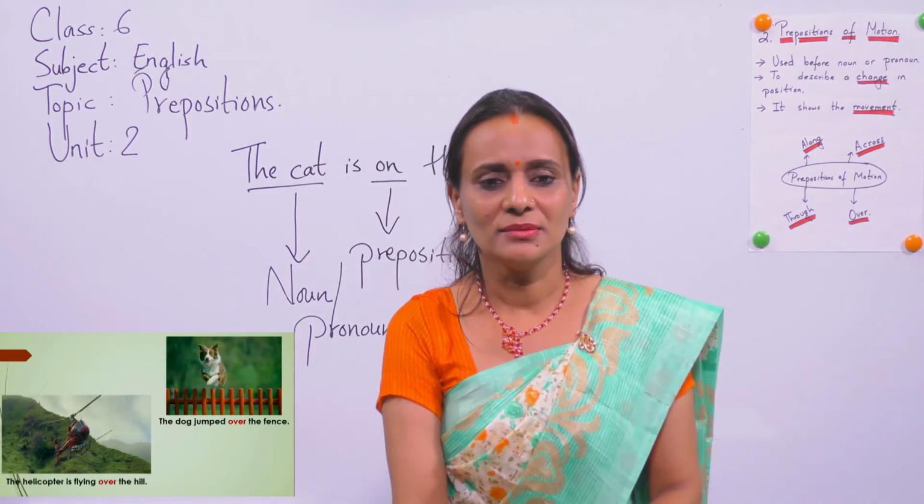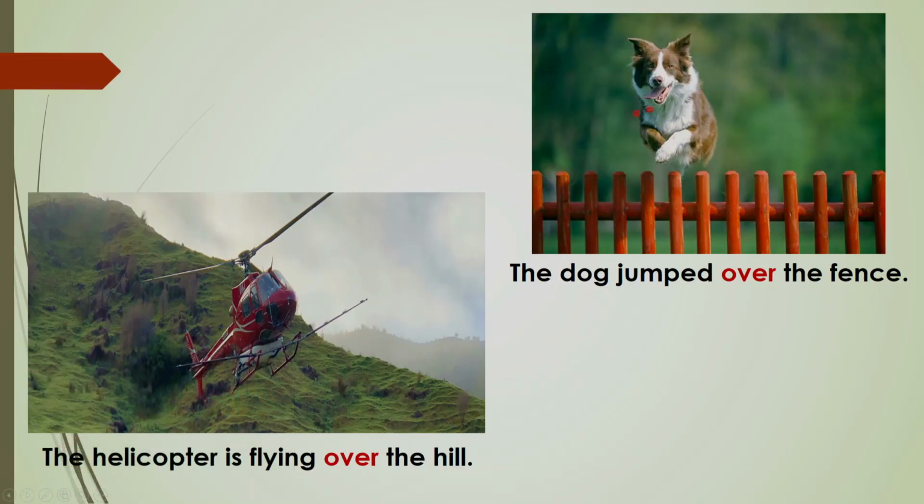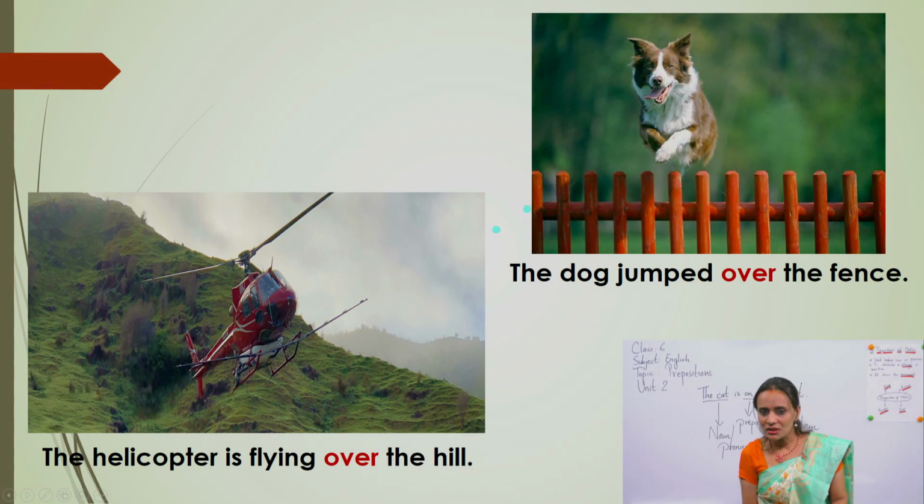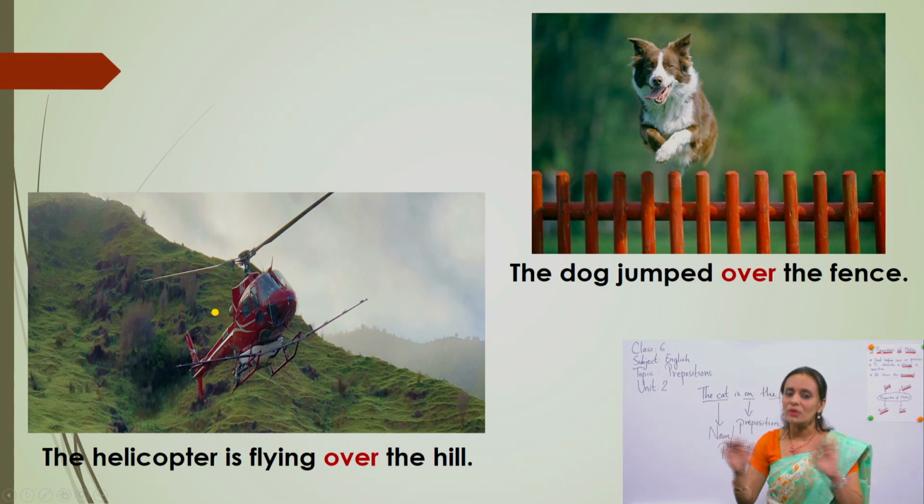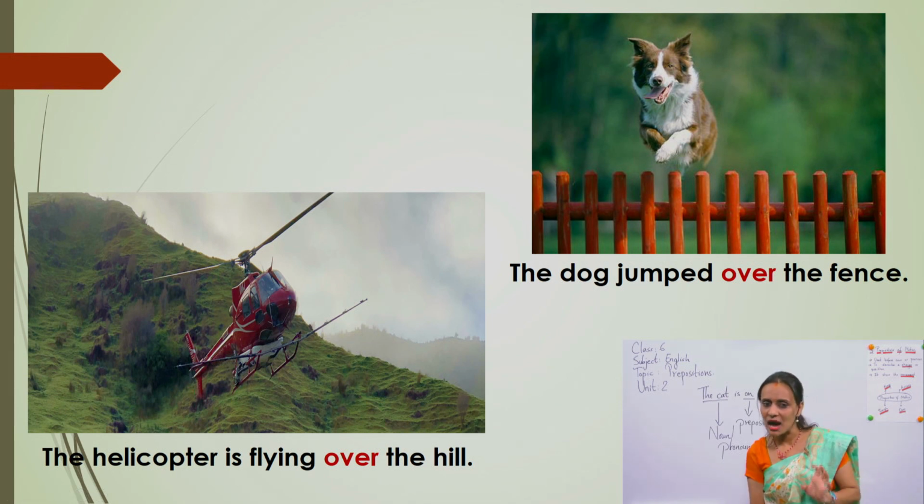Now you can see here, what can you see in the two pictures? One, you can see the helicopter, and another we can see the dog, and they are in the movable position, isn't it? Both of the objects are moving, and both of them are taking the height.